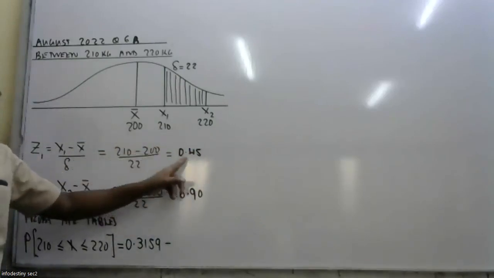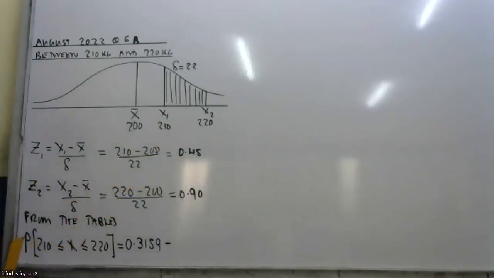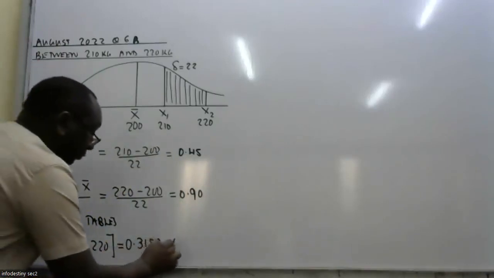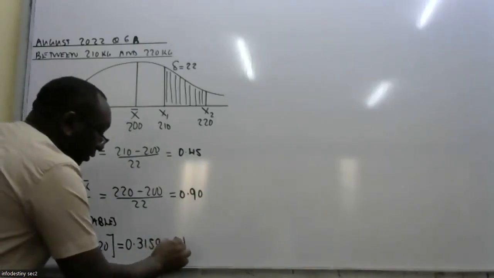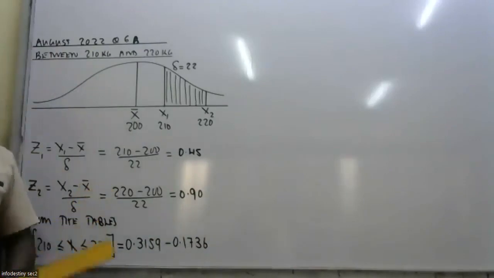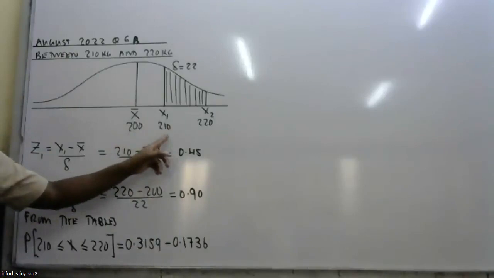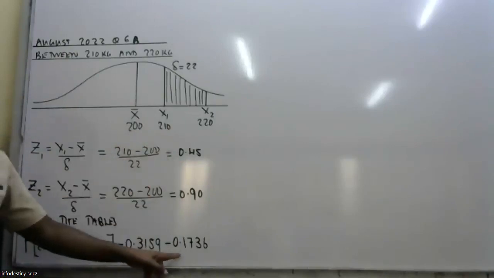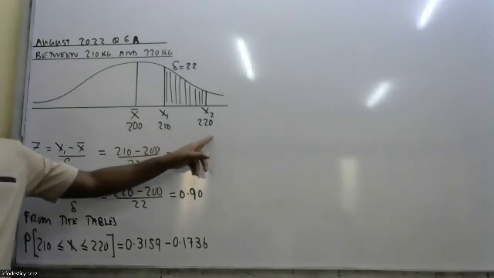Now I want you to read this 0.45. It gives 0.1736. Good. Now, this one is the probability from 200 to 210. So when you subtract them, you will get the probability from 210 to 220.